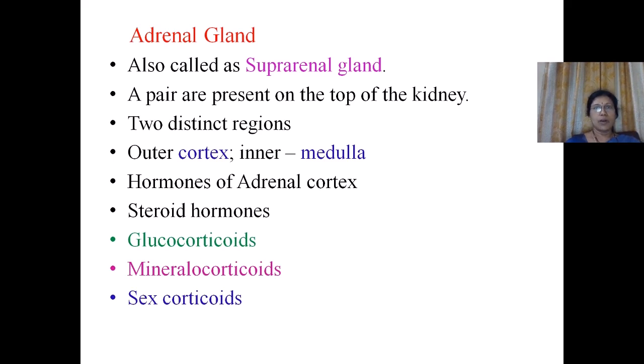Hypersecretion of aldosterone results in abnormally low levels of potassium and hydrogen ion concentrations in the body fluids. The reduction of H plus ions in the body fluid leads to a condition called alkalosis.